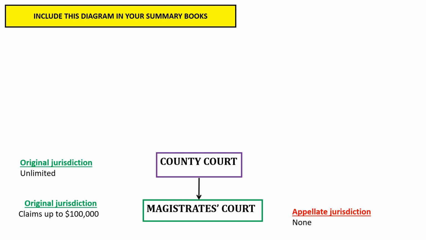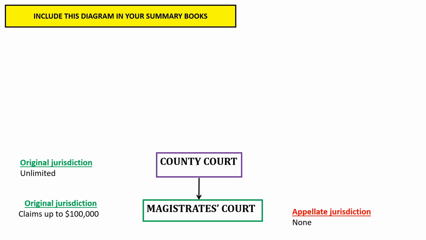In theory, this means that a party that has a civil dispute of less than $100,000 could bring that civil dispute in the County Court rather than in the Magistrates' Court. But the fact is that parties generally don't do that because it is more expensive and takes more time to have civil disputes resolved in the County Court than in the Magistrates' Court.